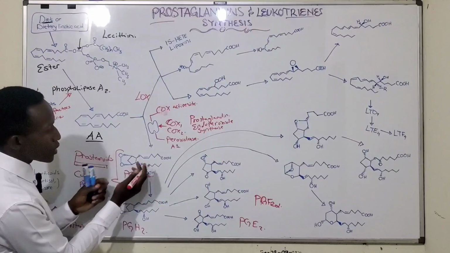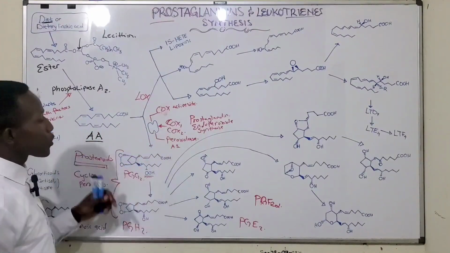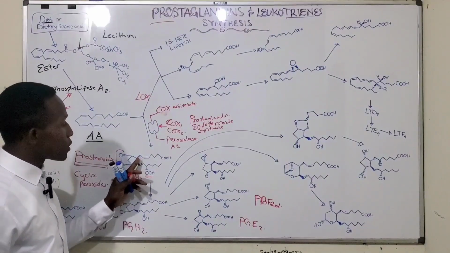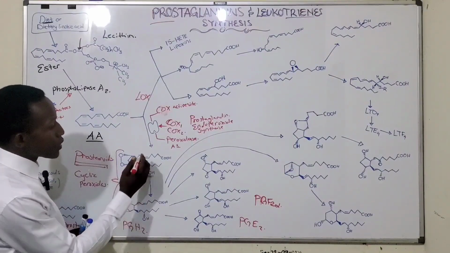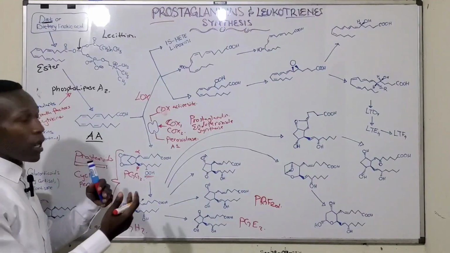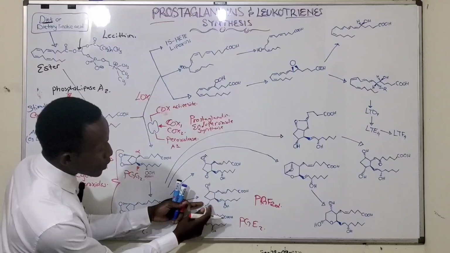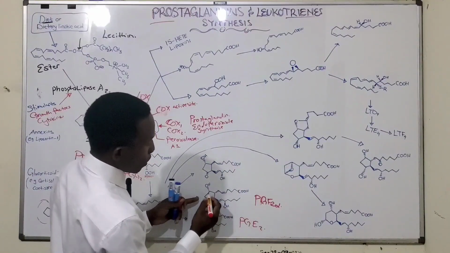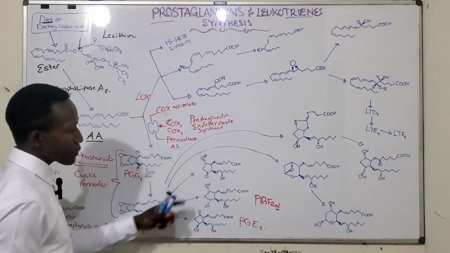This chain is above the plane, and this one is behind the plane. So all of them have this orientation. This is alpha and this is beta. They are at different sides of the plane. So this one shows that these ones are at the same side. So the hydroxyl group being at the same side makes it F2 alpha.